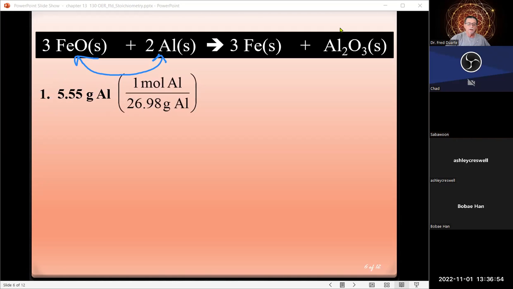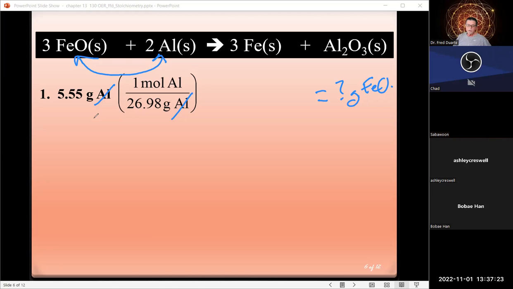I forgot to write down what we're looking for here. We are looking for grams of iron 2 oxide. All right, so the first step is to take the grams of aluminum and convert it to moles of aluminum.